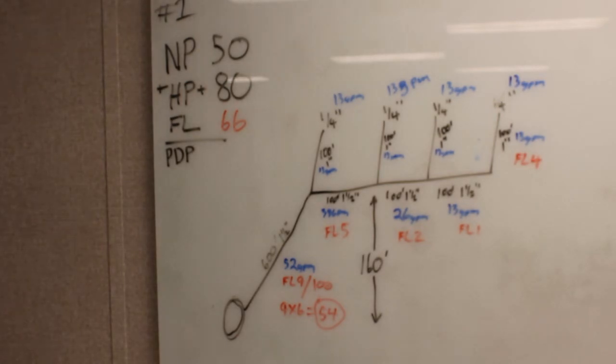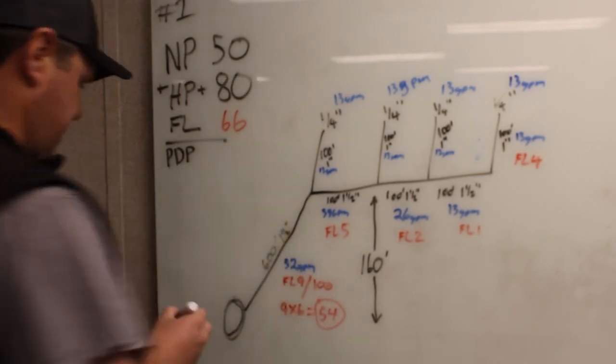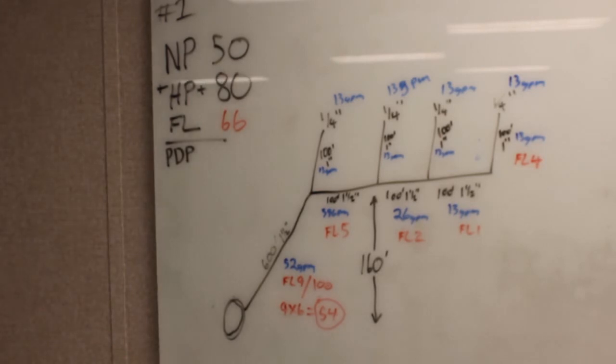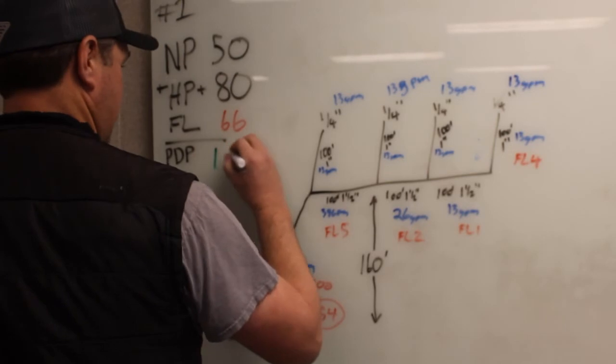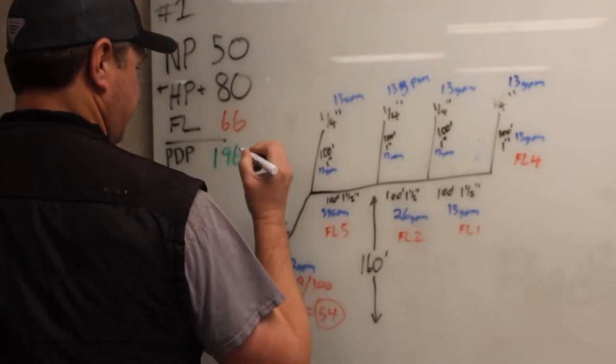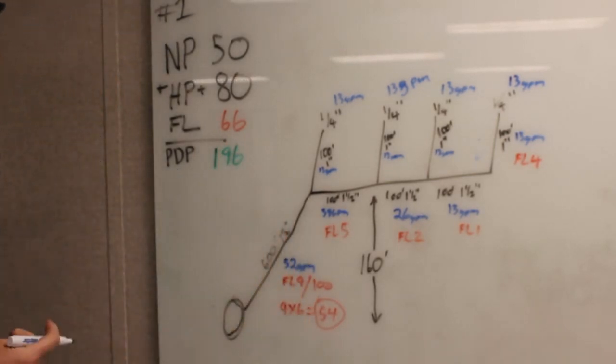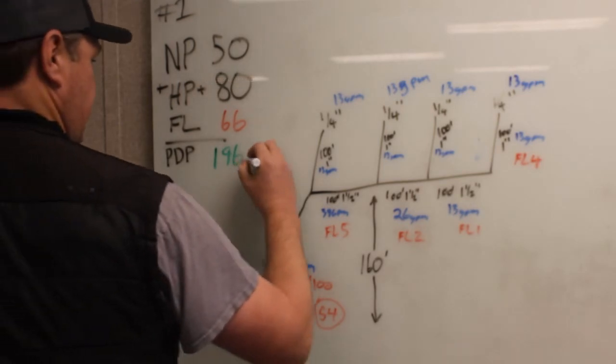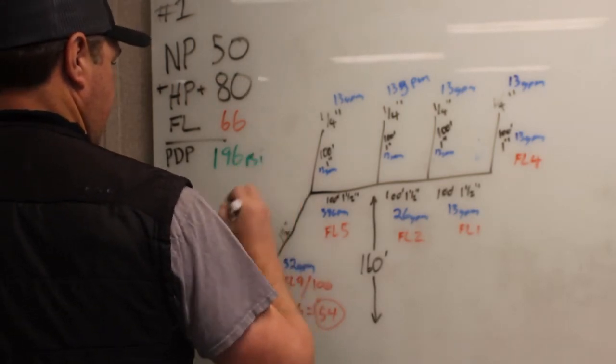And then I add it all together, and I'm looking at 196. Yes. Here, switch colors. I'm not in friction loss anymore. I mean answers. Answers are green. 196. Correct?